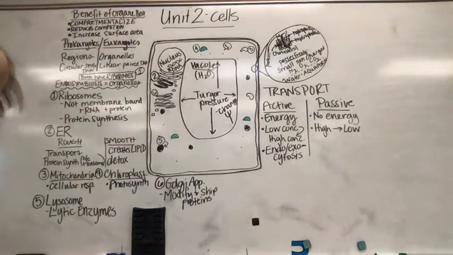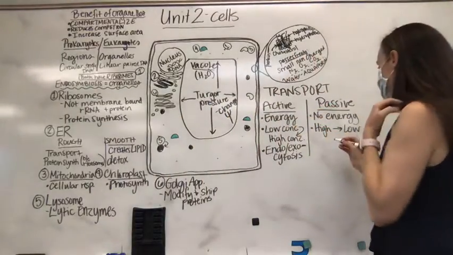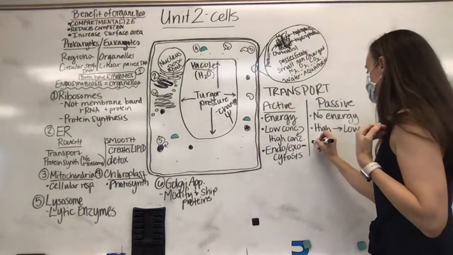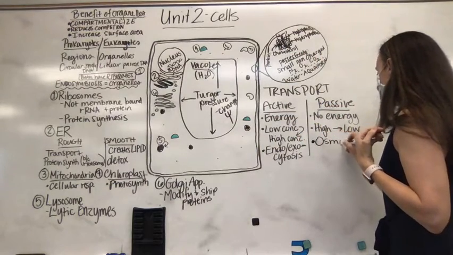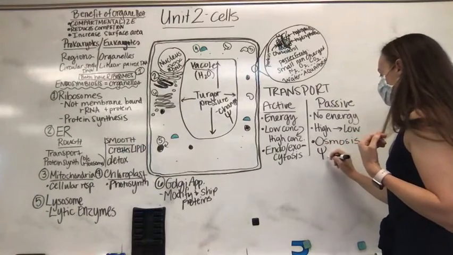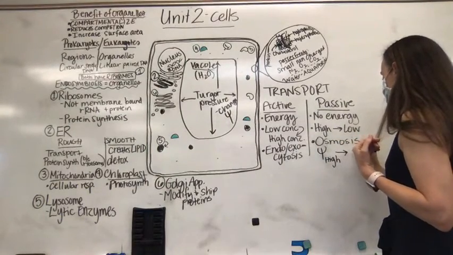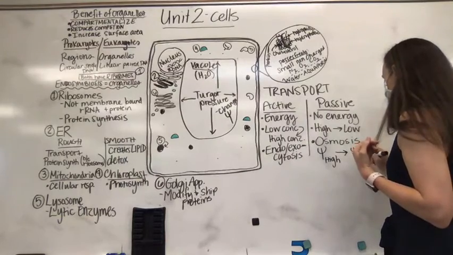Okay. And then as for water, I'm going to put osmosis on here, as a form. And so we are going to go from high water potential to low, right?